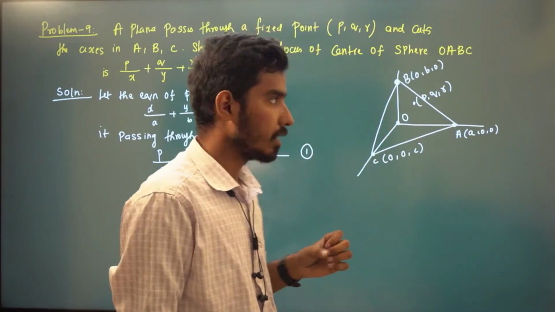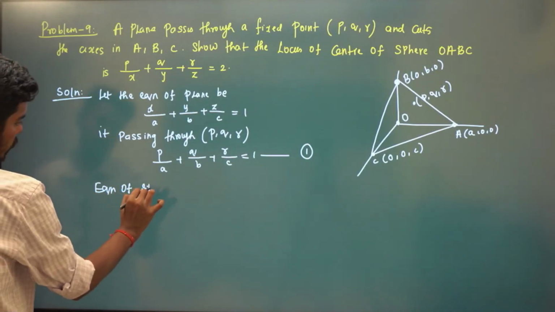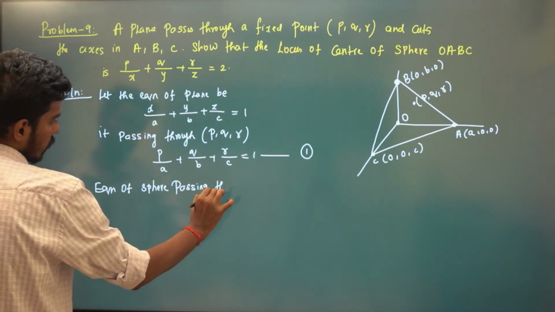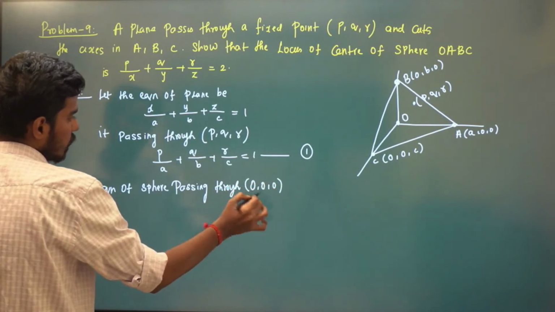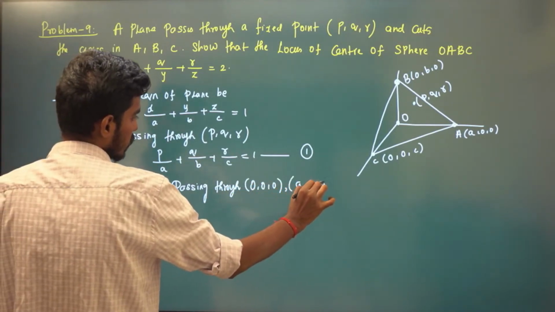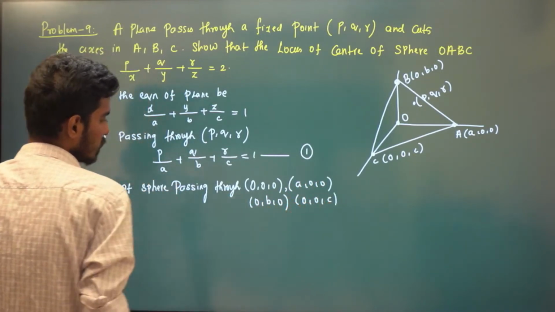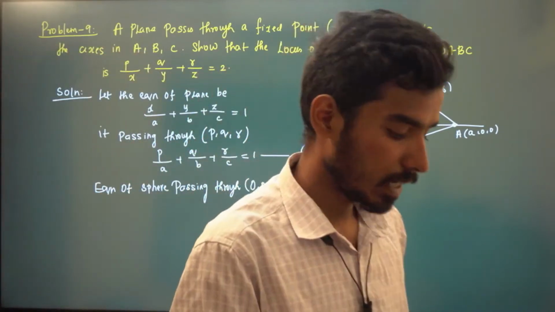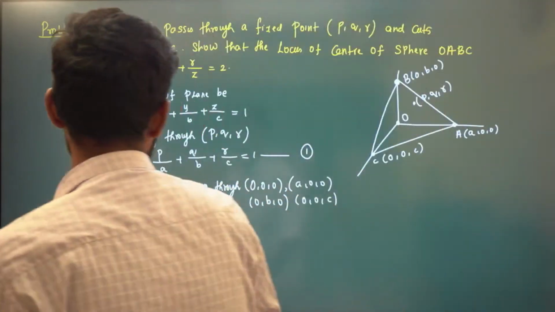So the equation of sphere passing through origin and the intercepts A comma 0 comma 0, 0 comma B comma 0, 0 comma 0 comma C is x square plus y square plus z square minus ax minus by minus cz is equal to 0. That is the equation, right? We already did this.